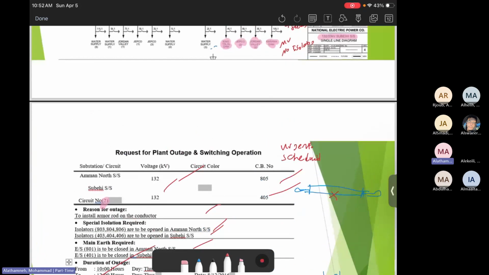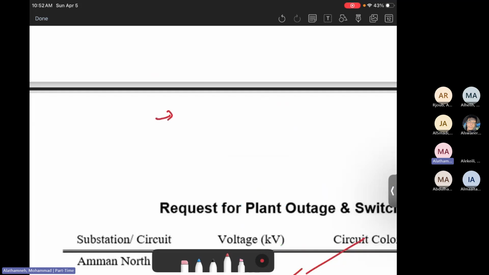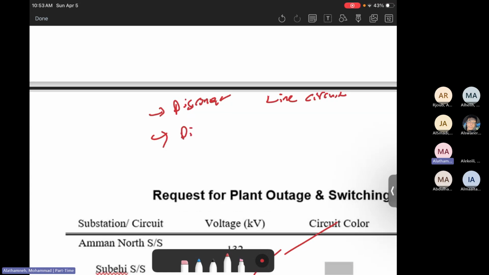Now, what we know so far, we know how to disconnect what is called a line or power line using line circuits. Then the second thing, how to disconnect the transformer from the transformer circuits.